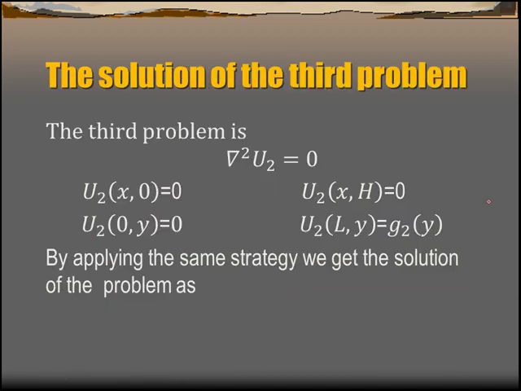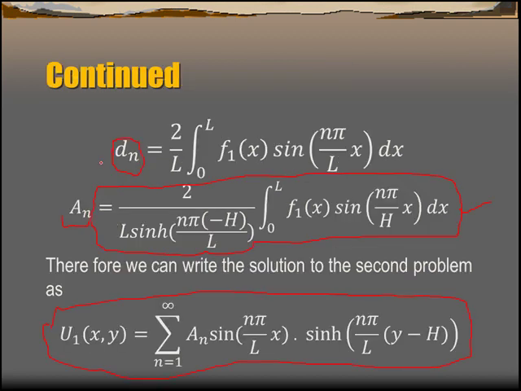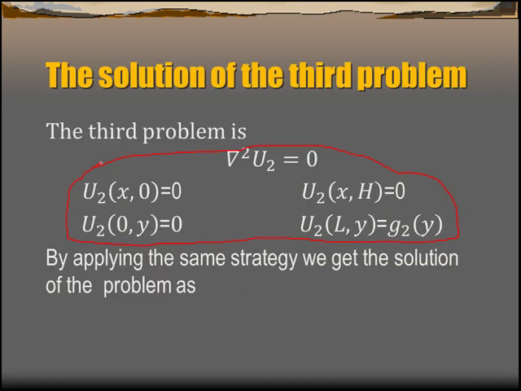Now the third problem is del square u2 is equal to 0 with all these boundary conditions. You can apply the same strategy over this problem and you will arrive at a solution in this form.